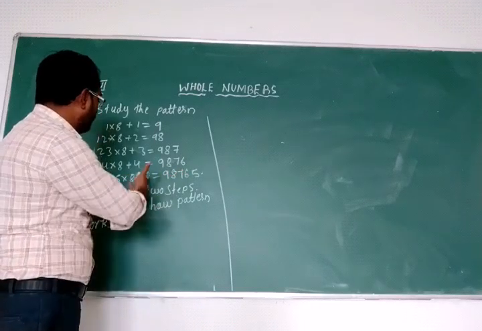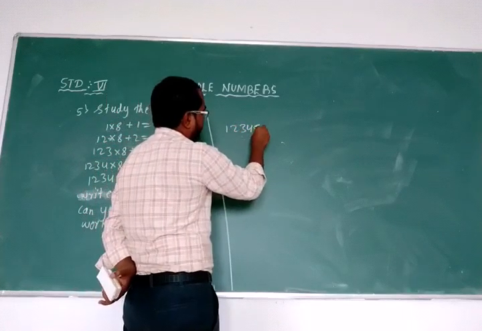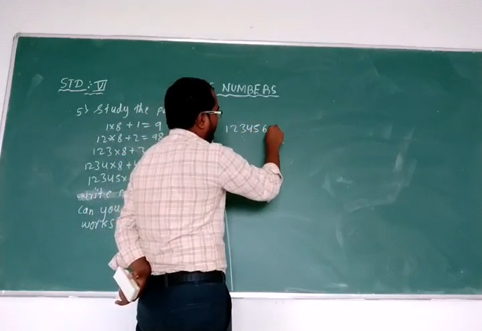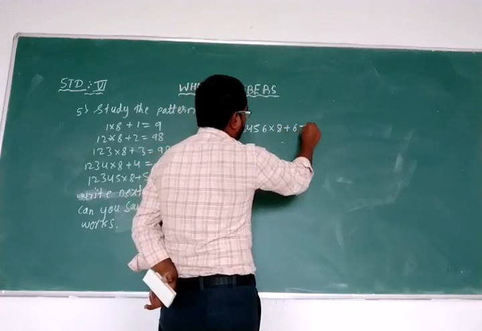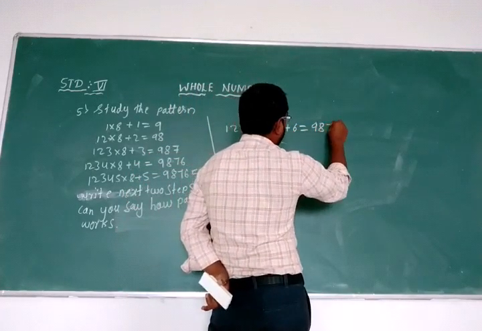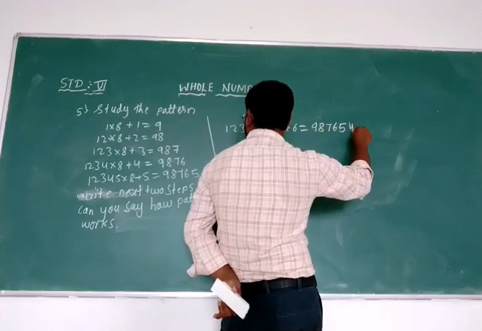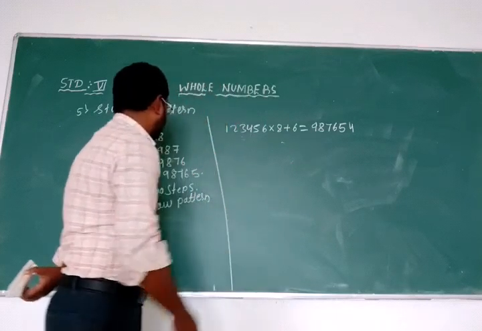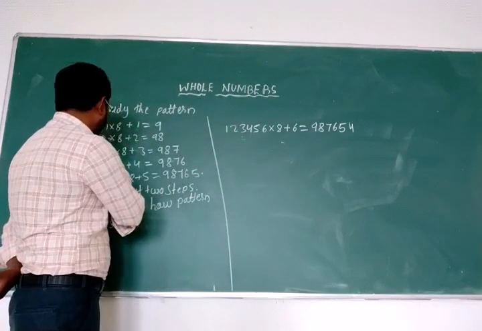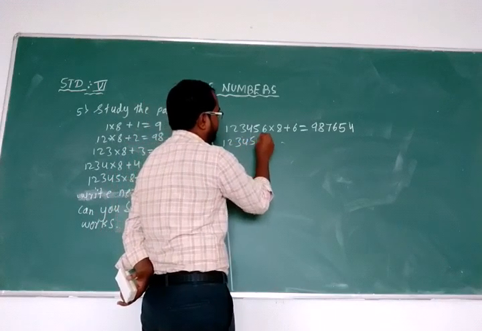So with this we can write the next step. So 12345 they have taken. Next will be 6 into 8 plus 6 is equal to, the next pattern will be 98765 and 4. So next we have to take 123456.